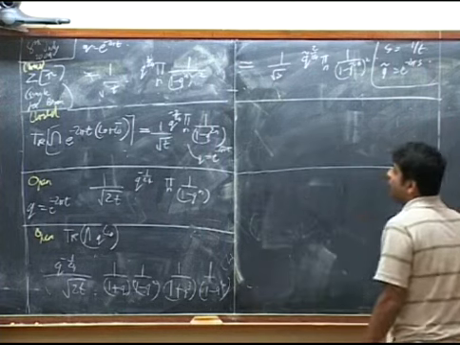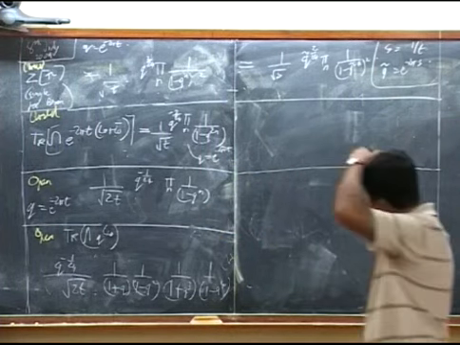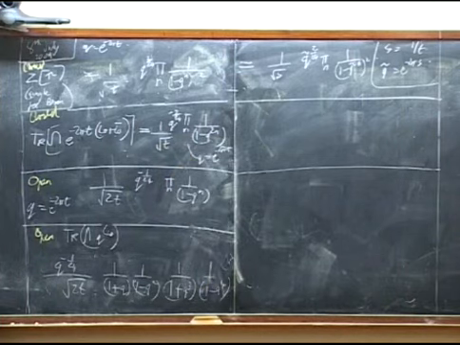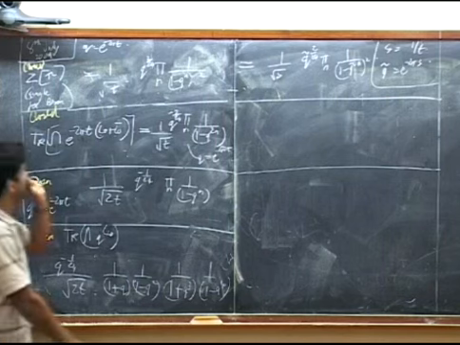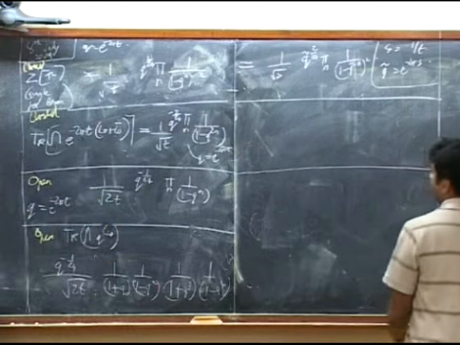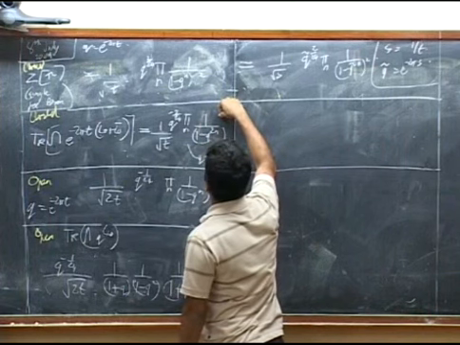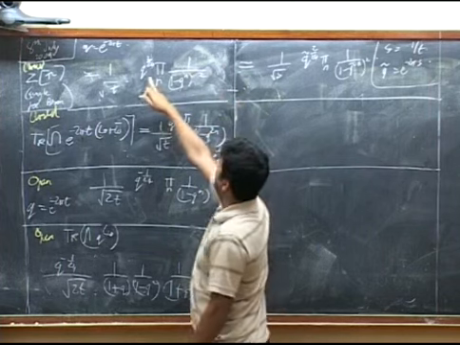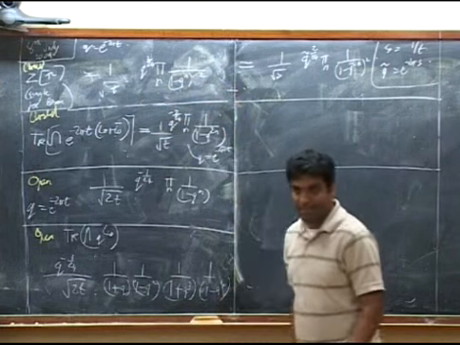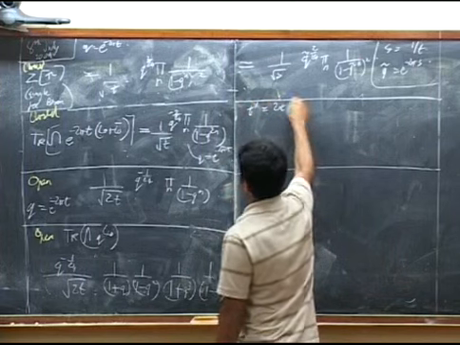So let's now draw a conclusion about this object. This object here is like the square root of this in terms of the variable t prime.